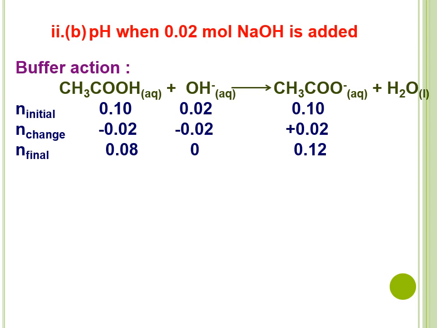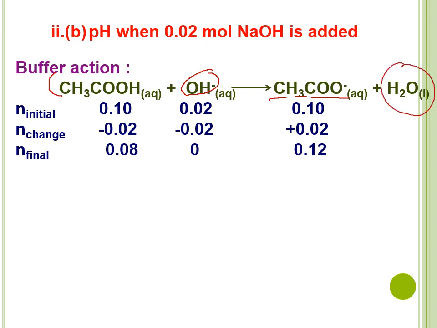NaOH is a strong base. So again, we insert the balanced equation of when the acid is reacting with the hydroxide ion, and we get back the acetate ion together with water.